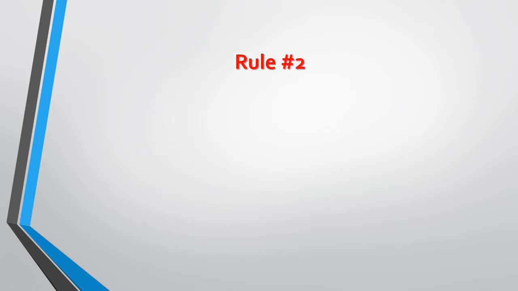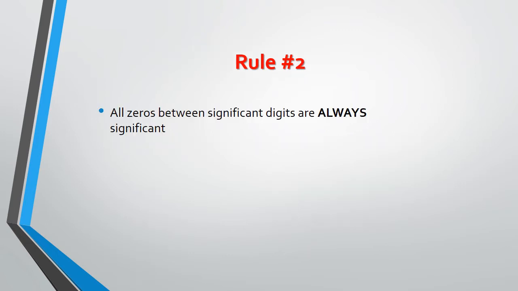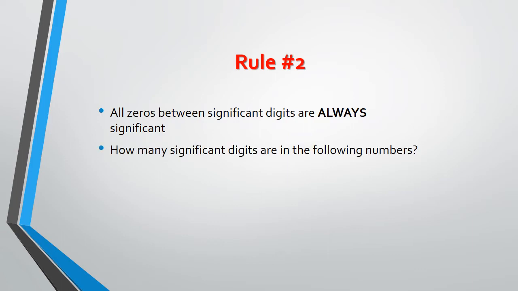Rule number 2, all zeros between significant digits or any non-zero digits are always significant. This is also very simple and straightforward. For example, the 0 is a significant figure because it's between 2 non-zero digits.